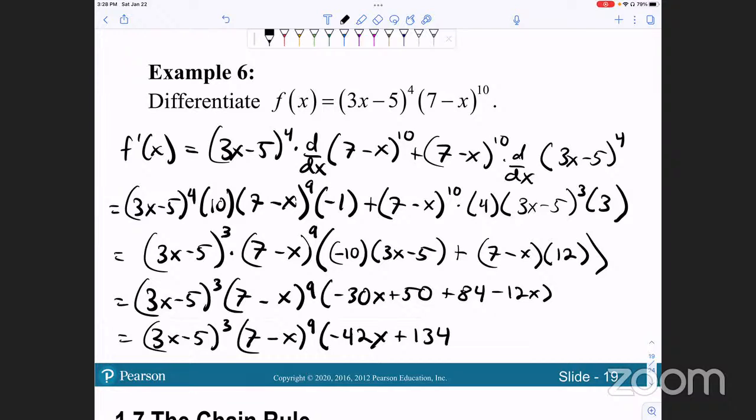Factor out of 2. There are some common factors there. 21. Up here, right? I think this is a reasonable place to stop.